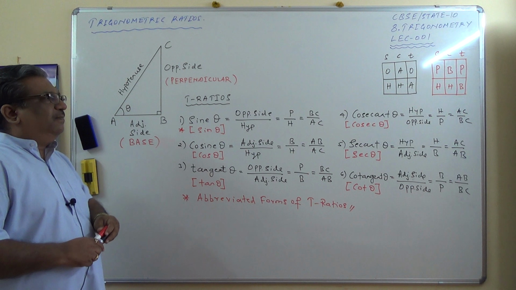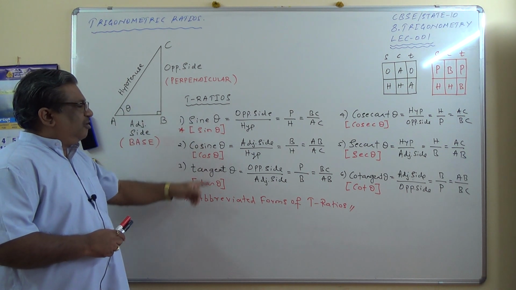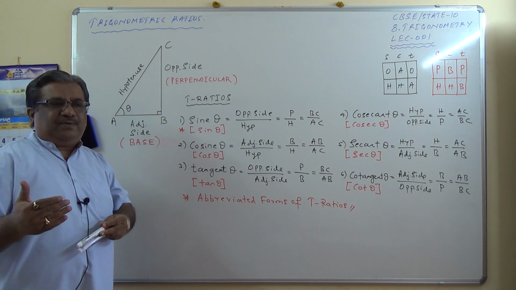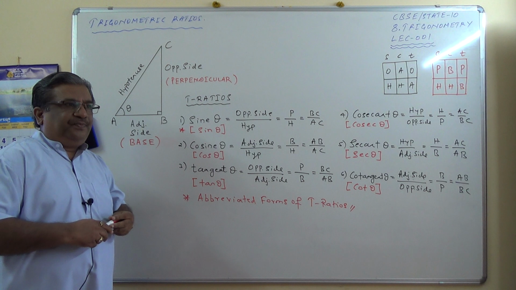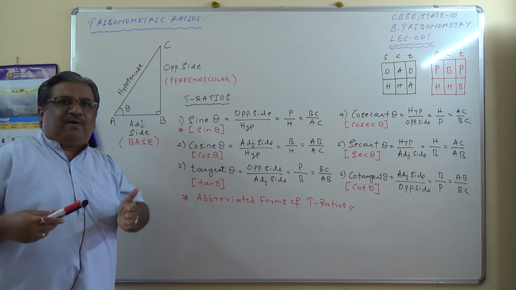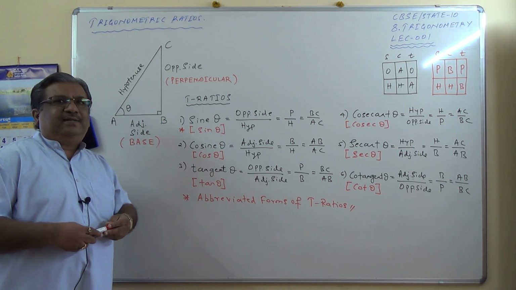As I said, in a right triangle, all these trigonometric ratios are defined only with respect to the reference angles. If you do not know the reference angle, which is basically an acute angle of the right triangle, it is not possible to identify the sides.